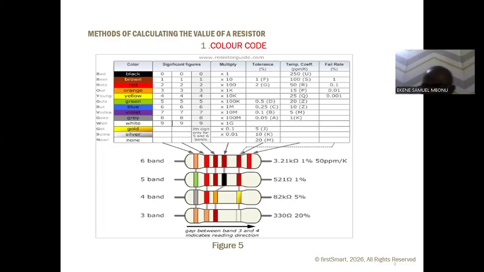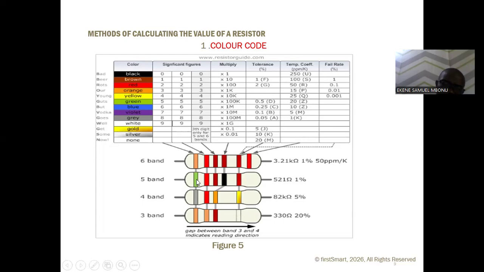So you can get 77,900 or 86,100. The range will fall within there. Definitely, this is not a good one. It's good, but for precision circuits, it's not nice.